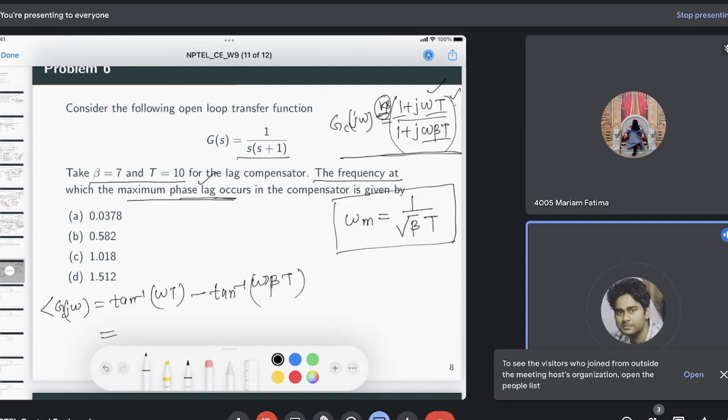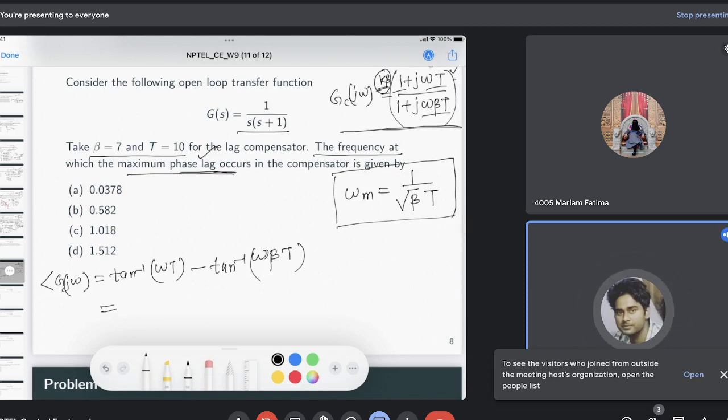You can use the tan formula: tan inverse of A minus tan inverse of B is equal to tan inverse of (A minus B) by (1 plus AB).